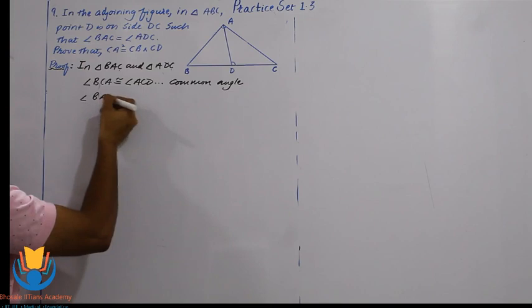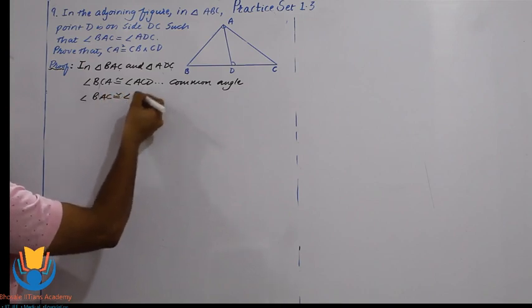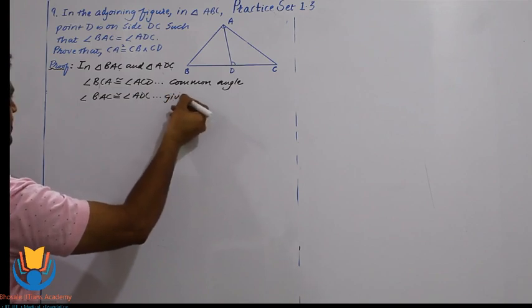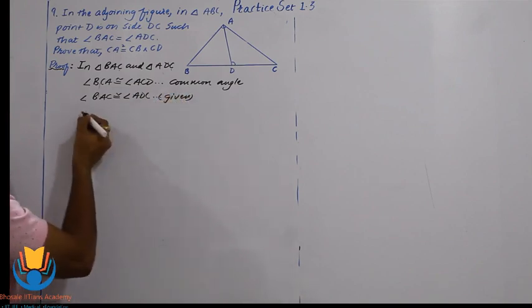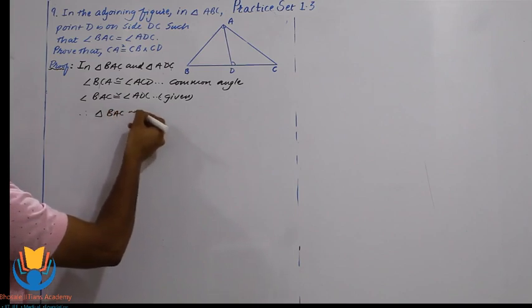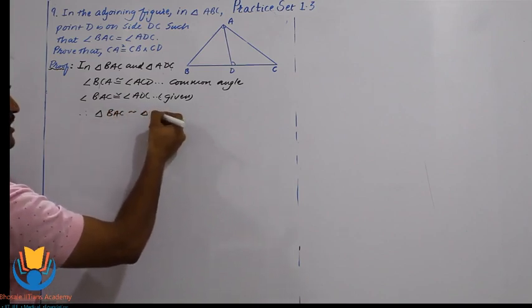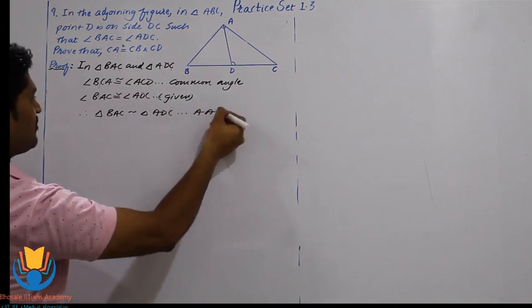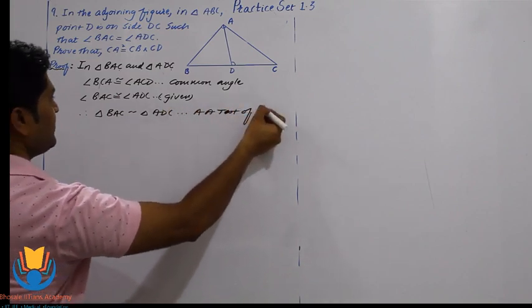So angle BAC is congruent to angle ADC. So this is given. So those two triangles became similar by AA test. So triangle BAC is similar to triangle ADC. So here we will write a test of similarity.